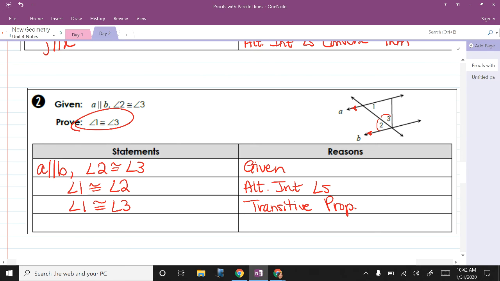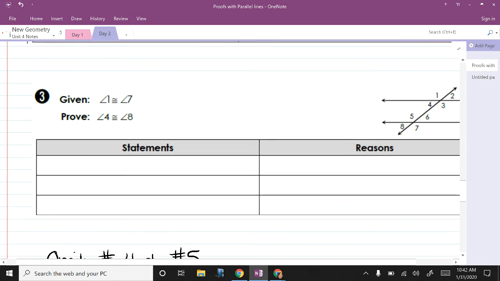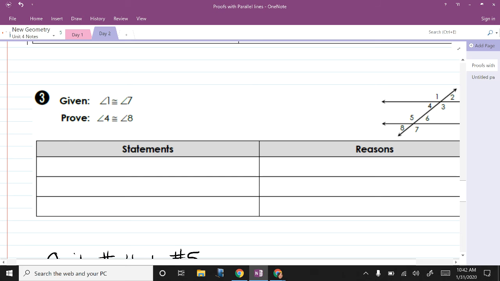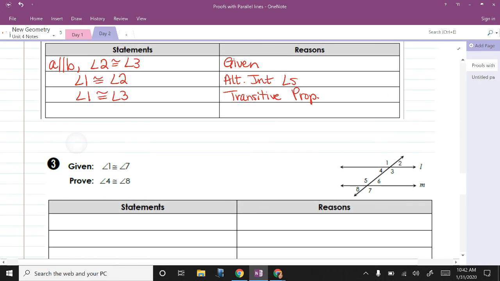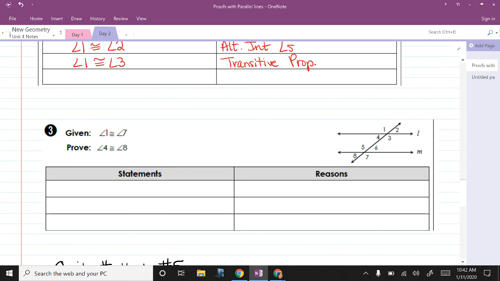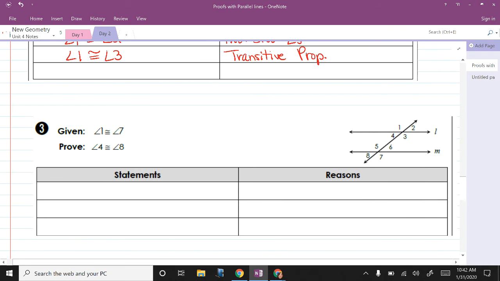So you know you're done with your proof when you have proven what it said to prove, if your last statement is what it said to prove. How do I get good at these, friends? Practice. And I like these little short ones, especially since the table's already drawn for me and so are the pictures. That's a bonus.